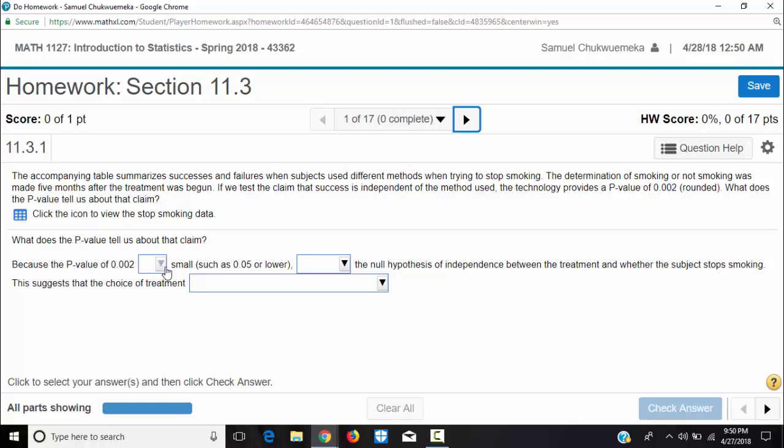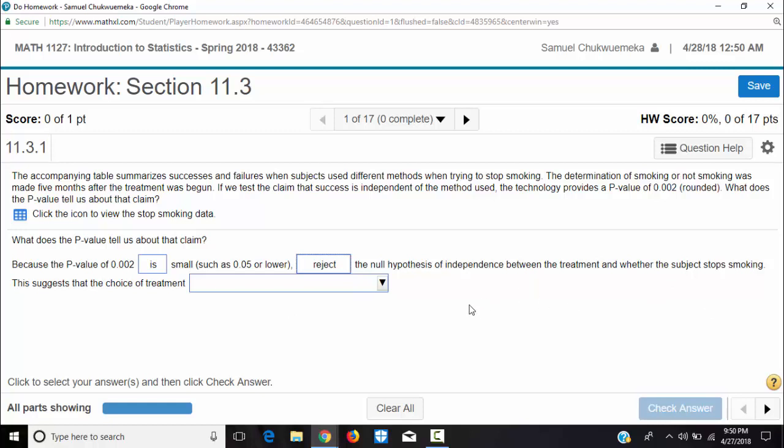So the p-value is very small, and because it's small, you reject the null hypothesis. You reject the null hypothesis of independence between the treatment and whether the subject stops smoking.